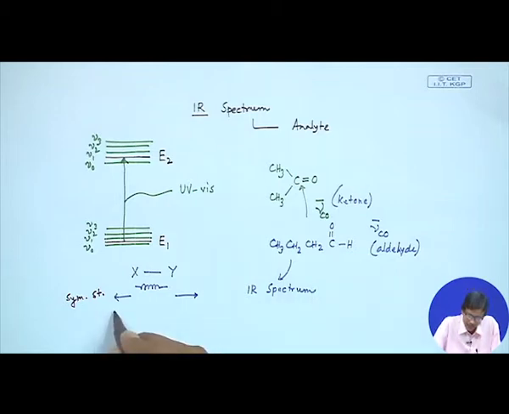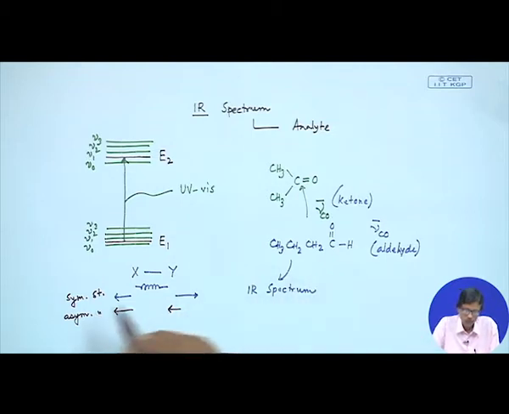But if something is moved to this side and this is also moving to this side, we get an asymmetric stretching. So, where symmetry is not present, we get the asymmetric stretching frequency, and the symmetric stretching frequency.